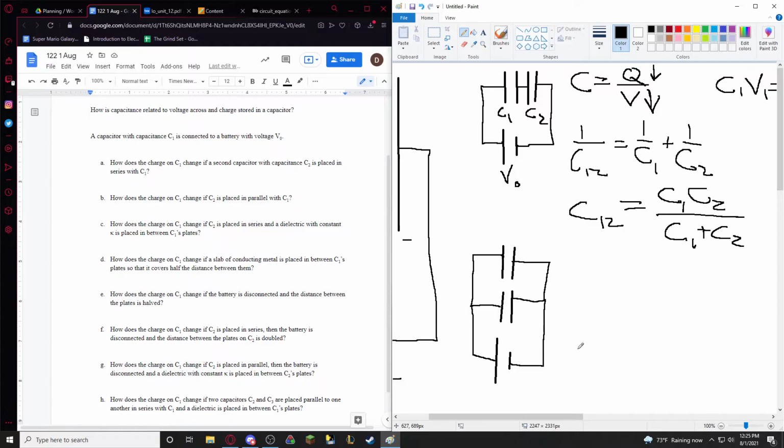Okay, let's see. The capacitance will stay the same. And I believe the voltage also decreased, so when did the charge also decrease? Why does the voltage decrease? Oh, wait a second.